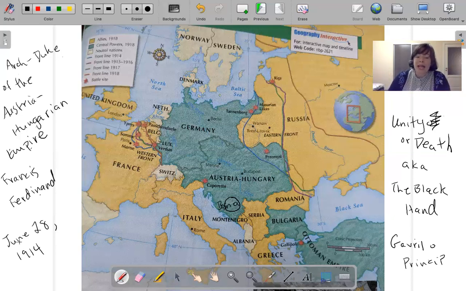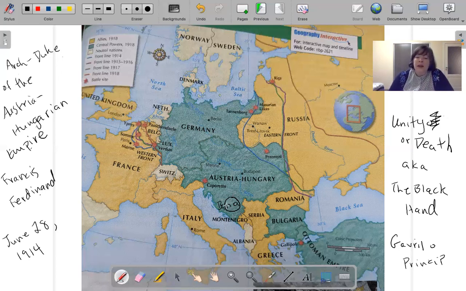On June 28th, 1914, Gavrilo Princip, who was a member of Unity or Death, also known as the Black Hand, which was a Serbian terrorist group, assassinated the Archduke of the Austria-Hungarian Empire, Francis Ferdinand, while he was visiting Bosnia.